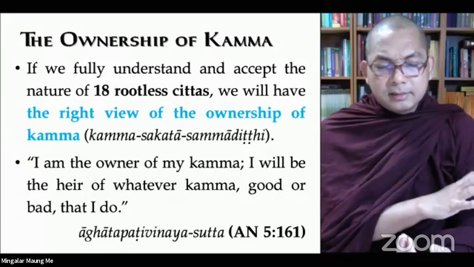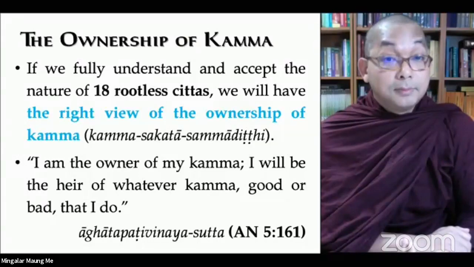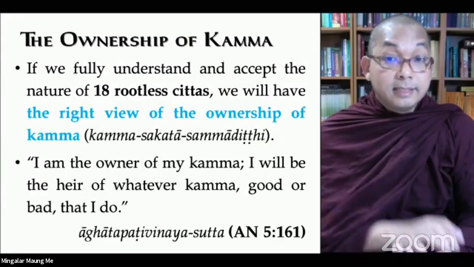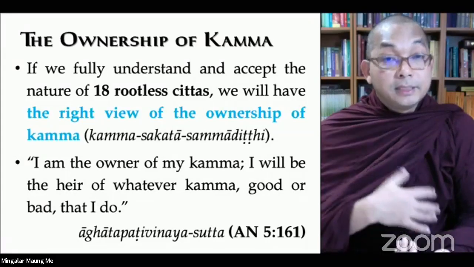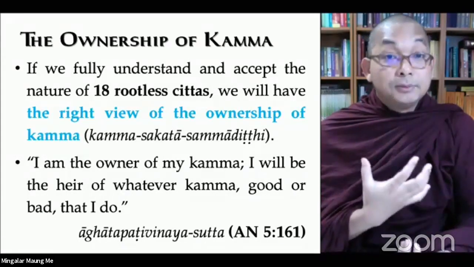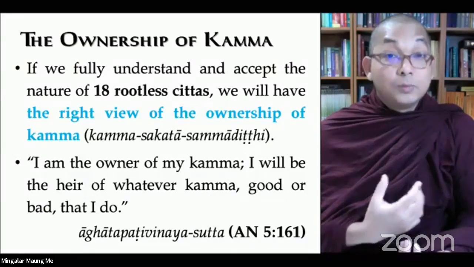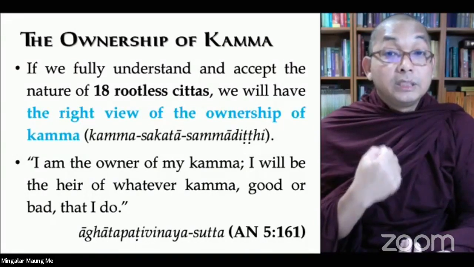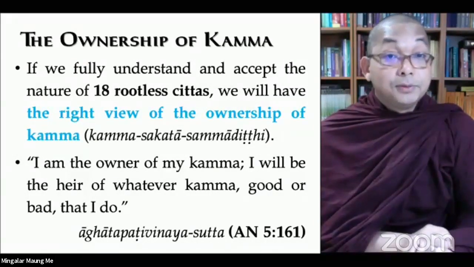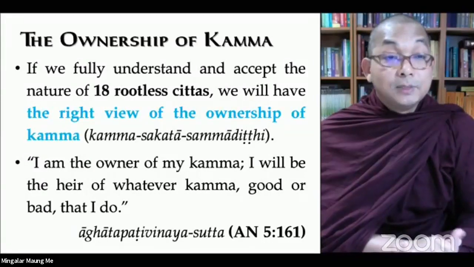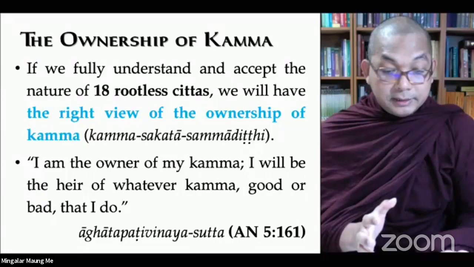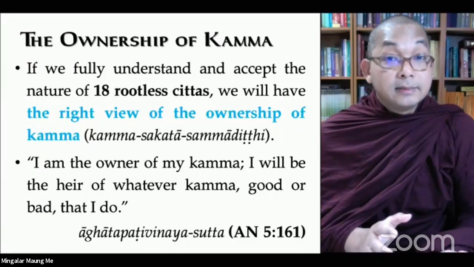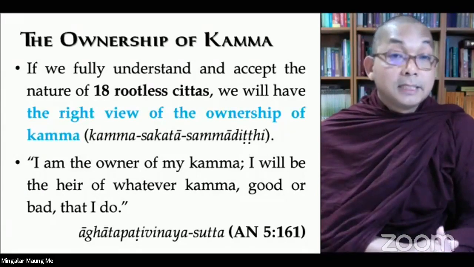Some karma comes from your past life, some karma in this life. Whatever experience we have, we have to accept it. Then we can change our karma by doing good things. So if we understand Ahetuka Cittas in Abhidhamma, we understand the ownership of karma.